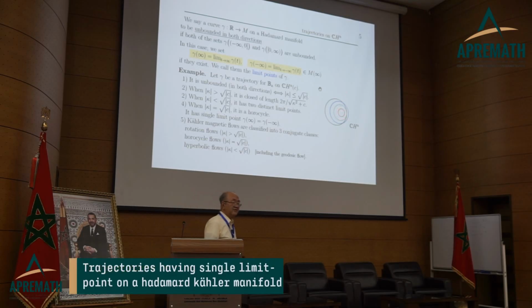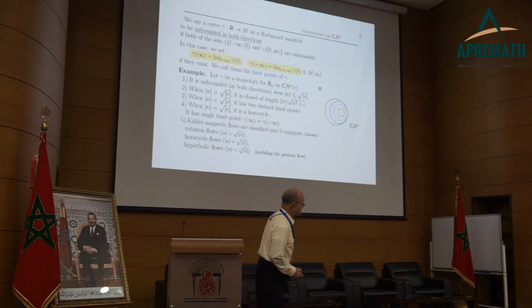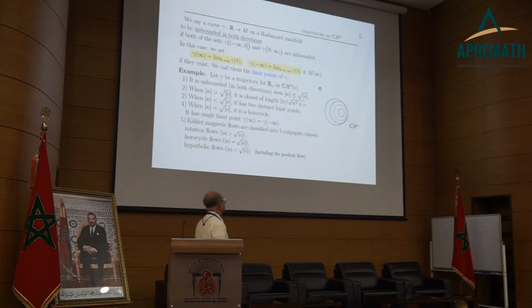And maybe you remember from the first lecture on the Poincaré disk, the geodesics meet the ideal boundary orthogonally, and on the Poincaré disk, every two distinct points can be joined by a geodesic.